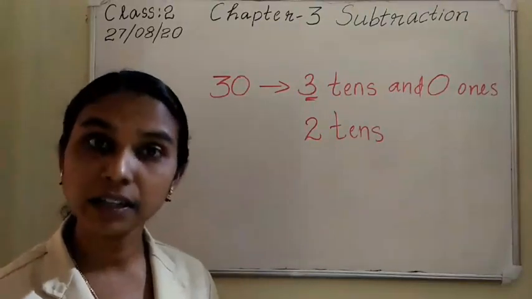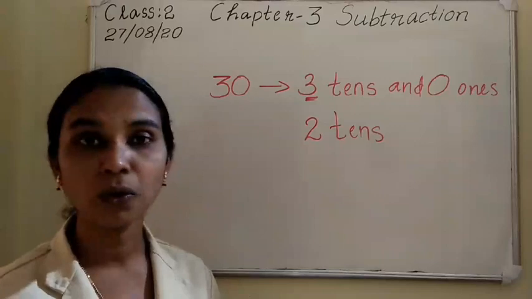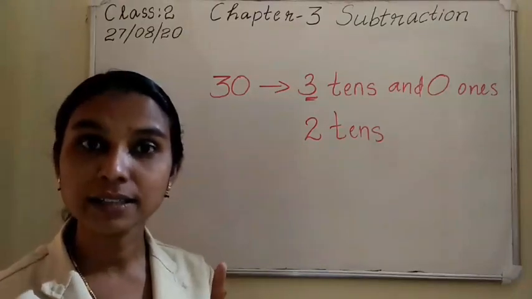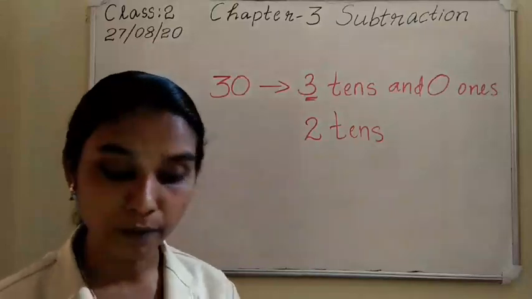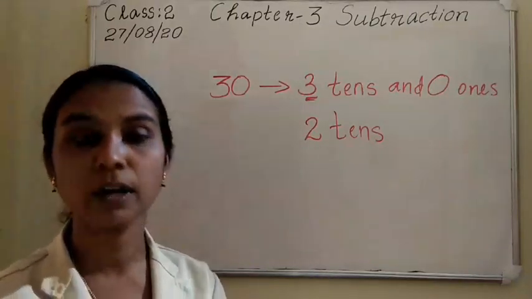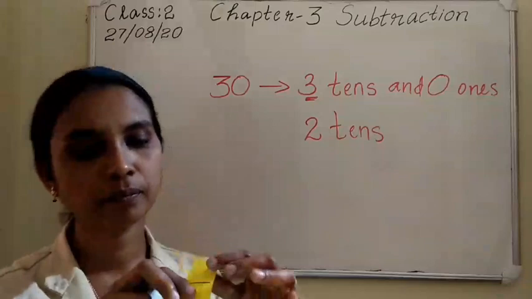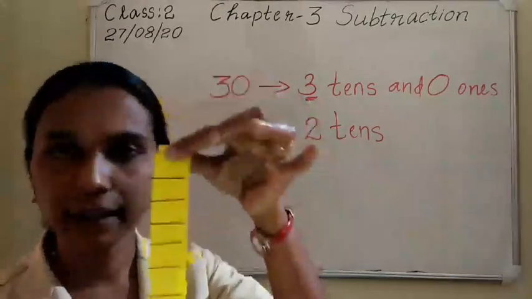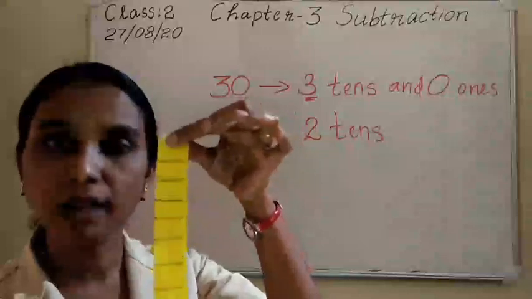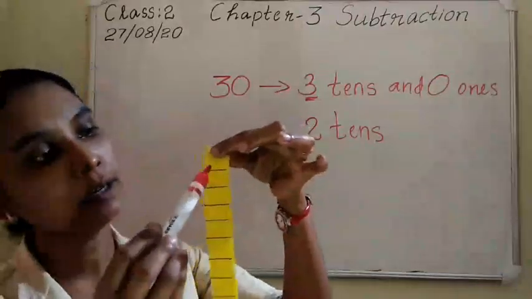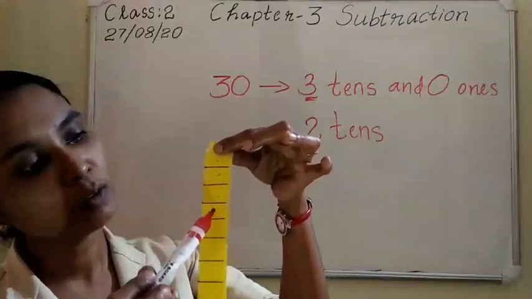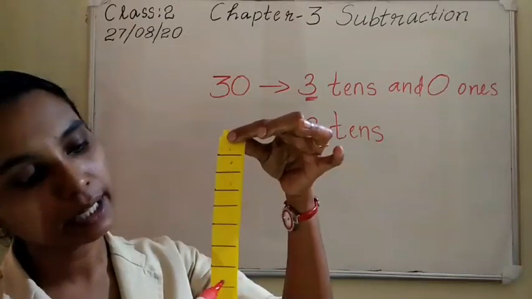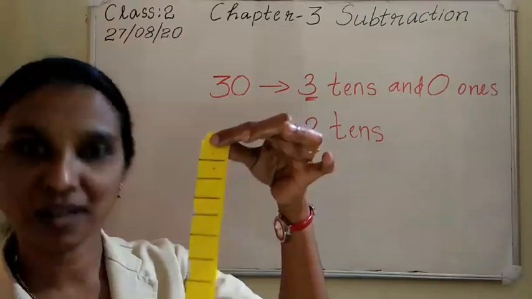How many ones are there in 1 ten? I will show you what is 1 ten. Look at this. See, this is 1 ten. How many ones are there? Count 1, 2, 3, 4, 5, 6, 7, 8, 9, 10 ones.